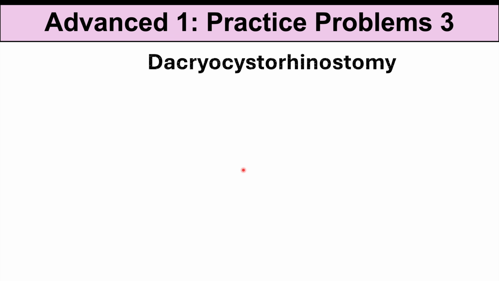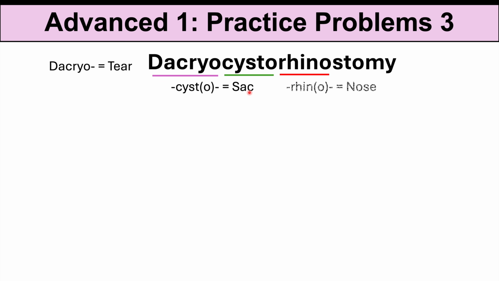The next practice problem we're going to look at is dacryocystorhinostomy. So try this out on your own. Again, what we're going to do is slowly break it down piece by piece. So dacryo is a prefix referring to a tear. Cysto refers to sac. Rhino refers to the nose.